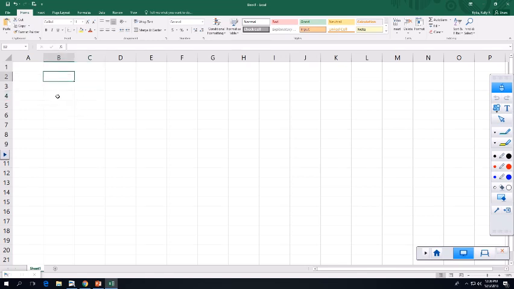Now, to populate the cells, if I just want to put words in there, like giving a label to a column, for instance, like I'm going to put variables, I can just literally click in there and start typing, hit enter, and it populates, okay? Now, I can also put numbers in. So let's say 12. I just enter that number in there and hit enter and it's populated into that cell.